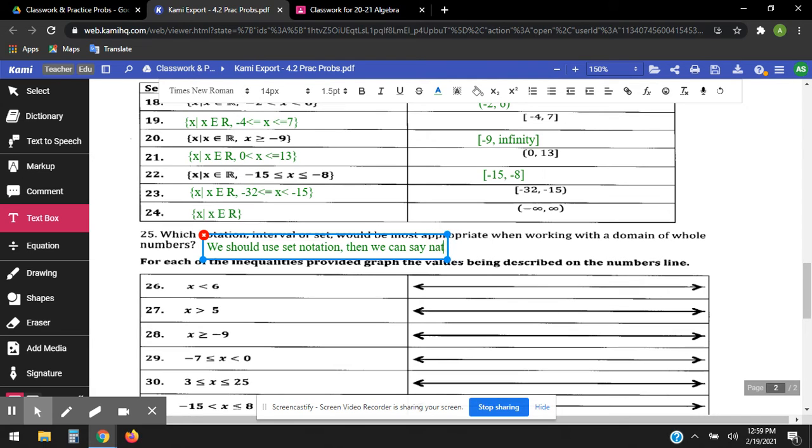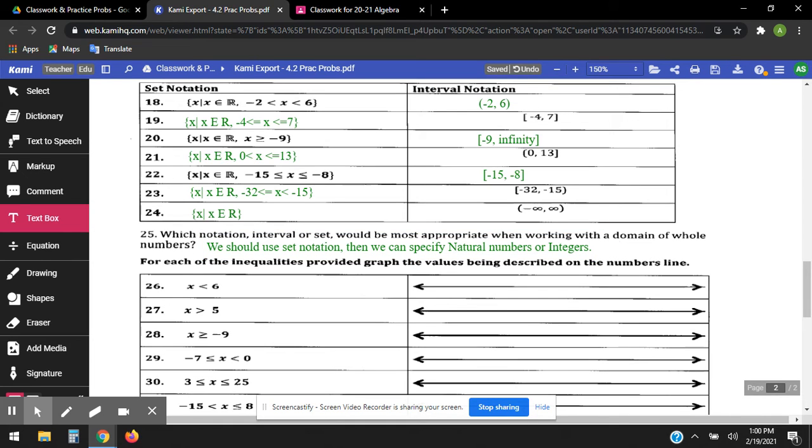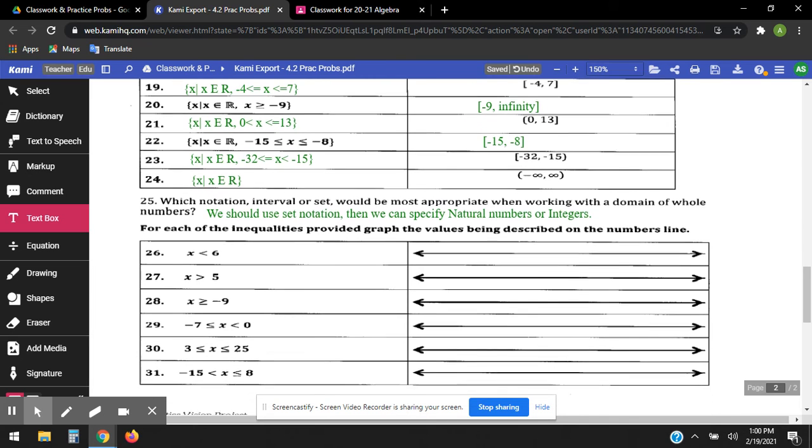I'll just put on here natural numbers or integers, and specify. I suppose in all reality, if you're doing whole numbers, you didn't specify if they're positive or negative or both, you would technically use integers. But we definitely cannot use real numbers, which is what we need to use when we're doing interval notation.